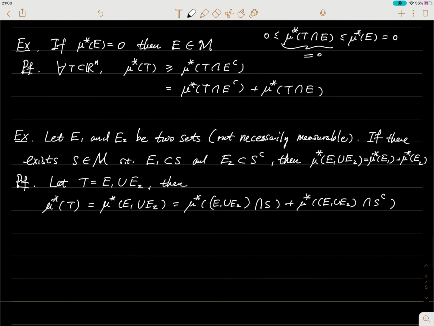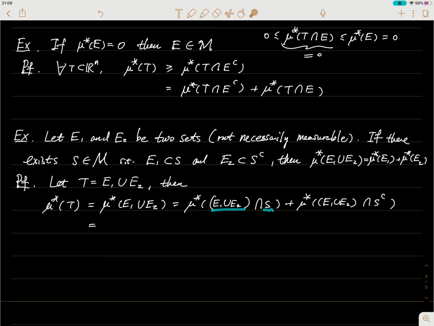Now let's first look at the first term on the right. This is the union of E1 and E2 here, and this is S. Remember that E1 is contained in S, and E2 is contained in S complement.